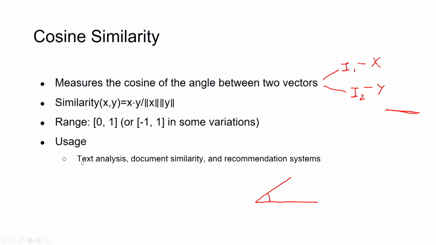Generally, we use cosine similarity when we talk about text analysis, document similarity, or recommendation systems, and in many other cases you may use cosine similarity. It will depend on the application and your data set.